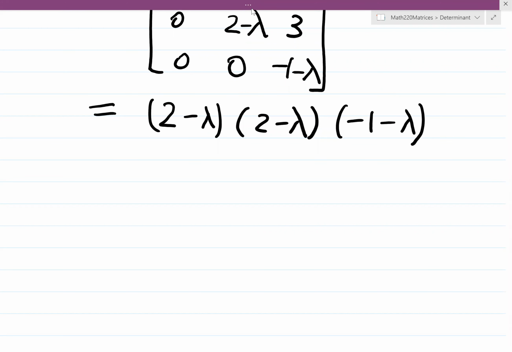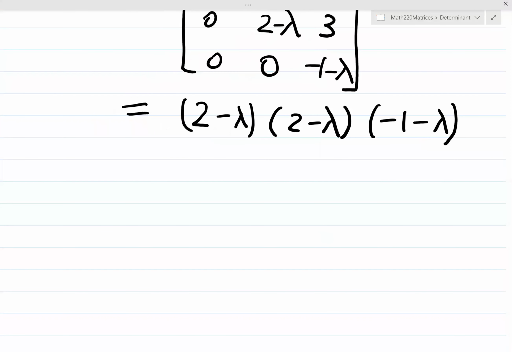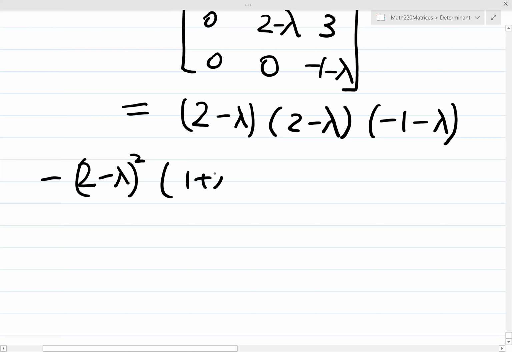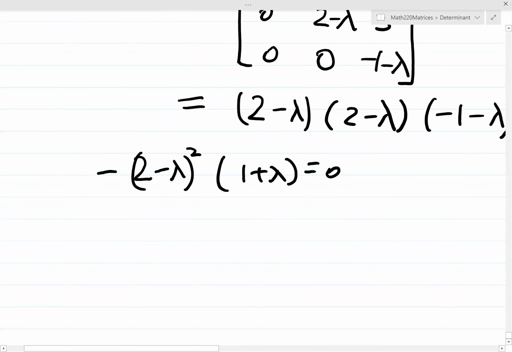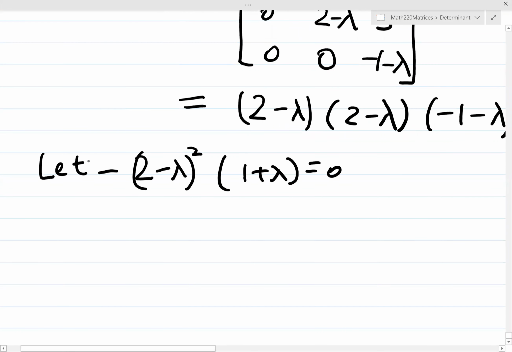And then we find the roots of this characteristic polynomial. If we set this polynomial equal to 0, we find lambda 1 equals lambda 2 equals 2.